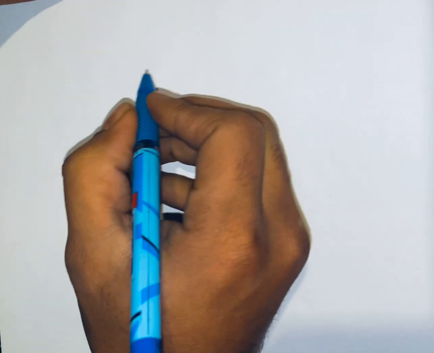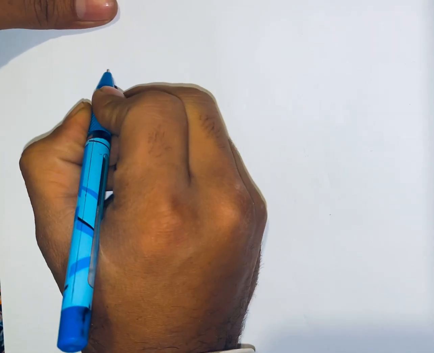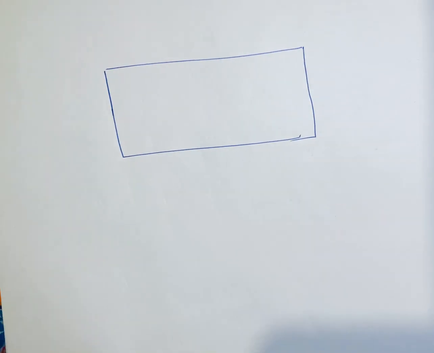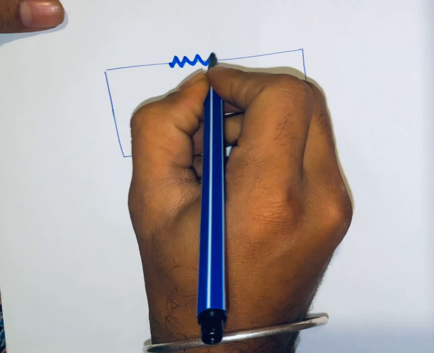When there is severe membrane damage, let's suppose we make a rough diagram of a cell. Let's suppose the injury occurred here.